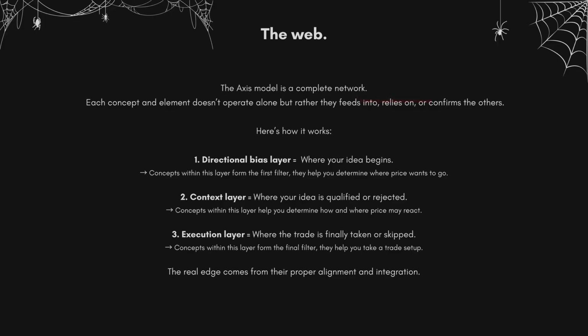That is just as important as building a bias, because obviously trading isn't just about when to trade but also when not to trade. Okay, so the point I'm trying to make here is that all of these concepts are connected together within this system. Now let me walk you through the different layers and the different frameworks that I've prepared, and let's see how they work.